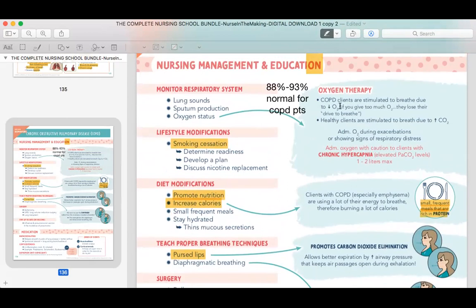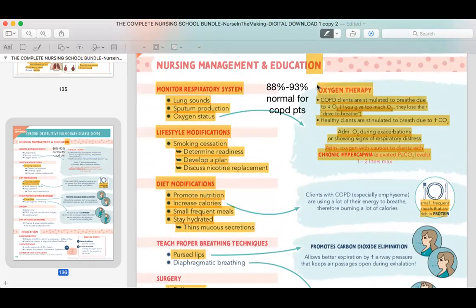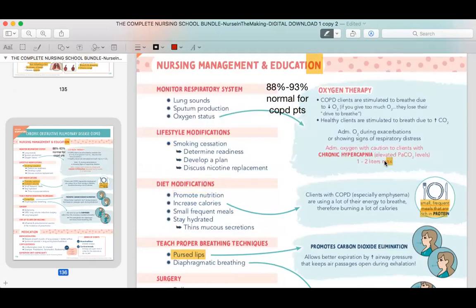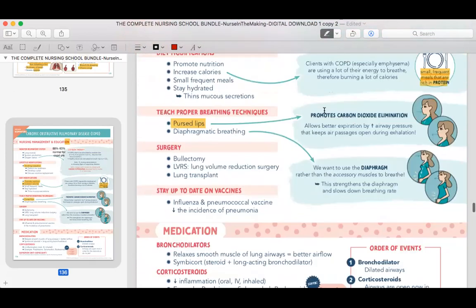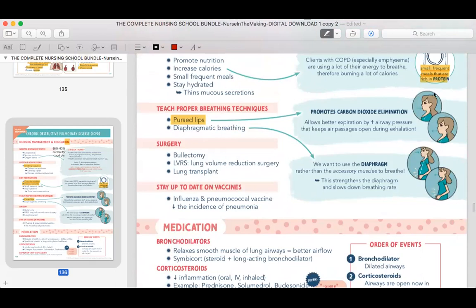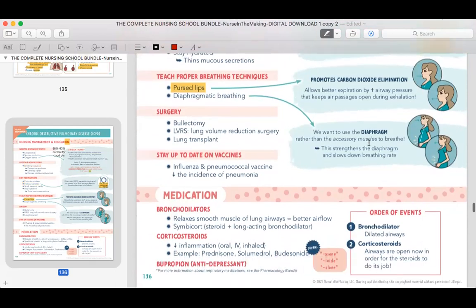But this doesn't show up on ATI. I haven't seen it on ATI. But definitely make sure of small frequent meals, high protein, breathe in through your nose, out through your mouth, pursed lips.